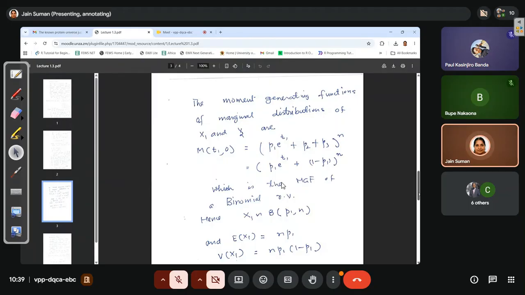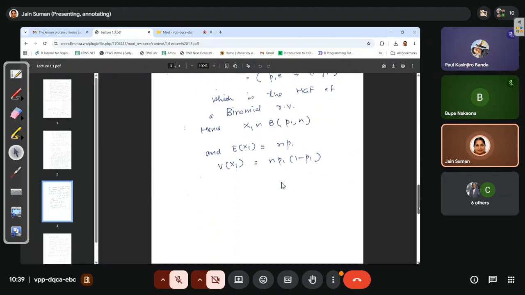The random variable x1 is binomial. The probability of success is P1 and the number of trials is n. So you see, we were looking at the joint distribution of x1, x2, where x1 stands for the number of experiments which resulted in outcome 1 when the trial was performed n times.